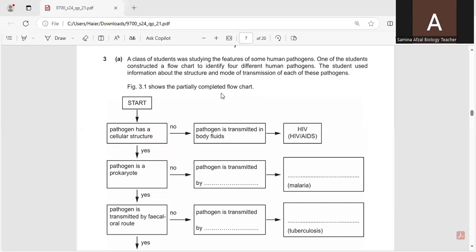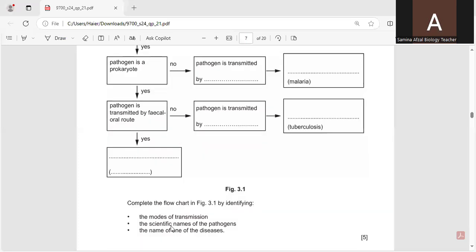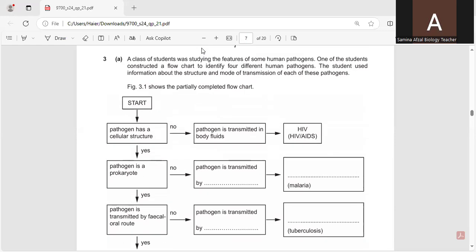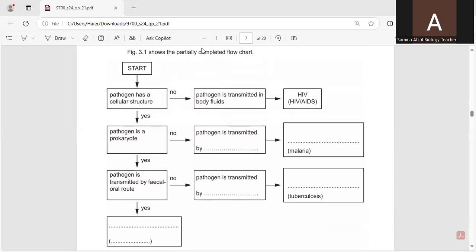Complete the flow chart in figure 3.1 by identifying the mode of transmission. We have to write the mode of transmission, then the scientific name of the pathogens, and the name of one of the diseases. First of all, they have done for us that the pathogen has a cellular structure.